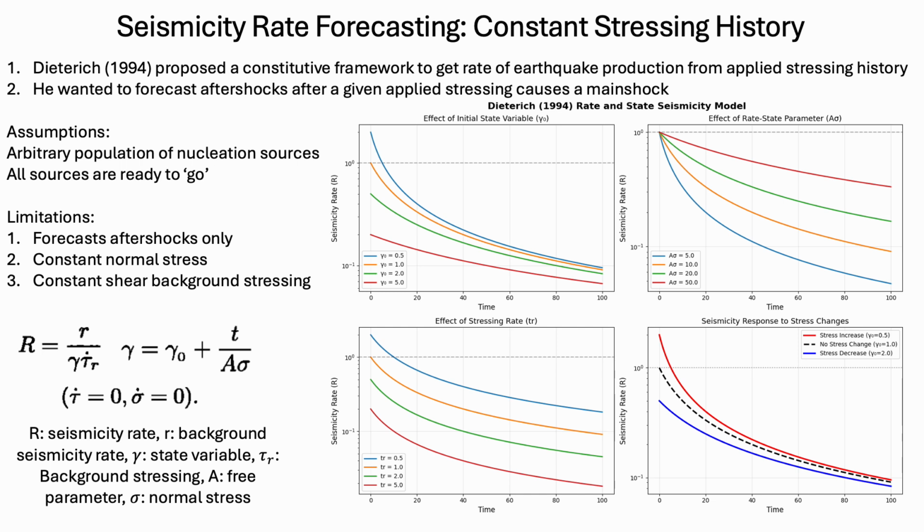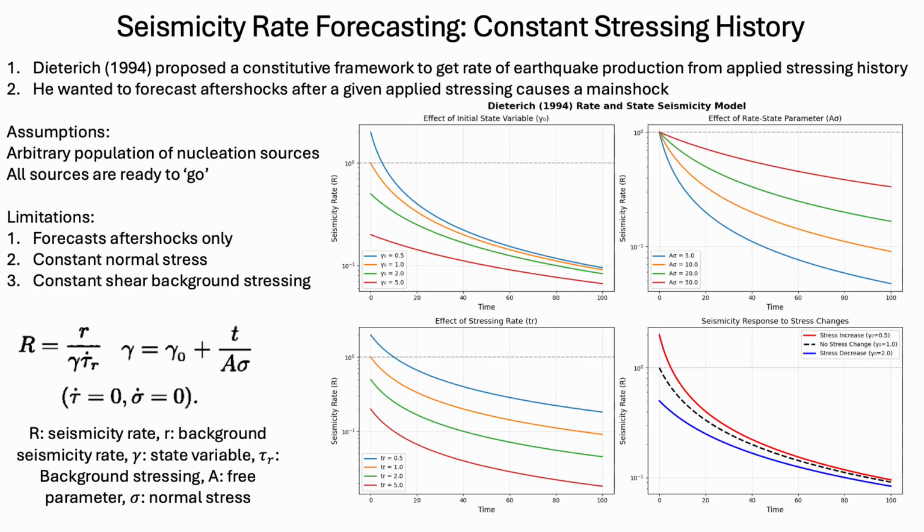Here, gamma is the state variable considered by Dieterich, which is equal to gamma naught plus t over A sigma. Here, gamma naught is the reference value of the state variable. And in his assumptions, the background stressing rate is constant and the normal stress is also constant.